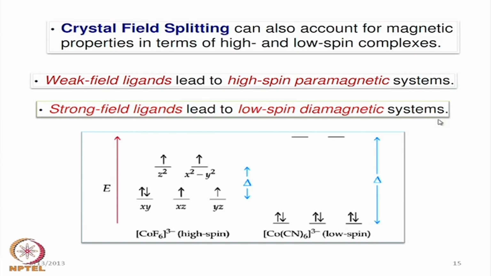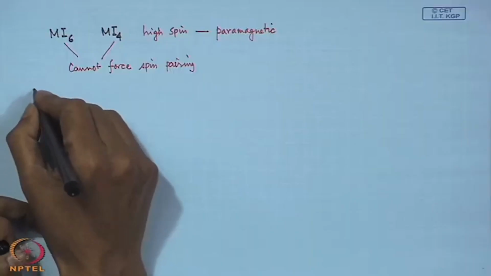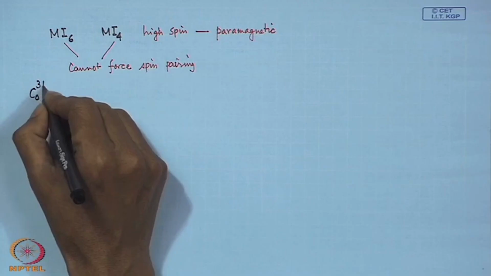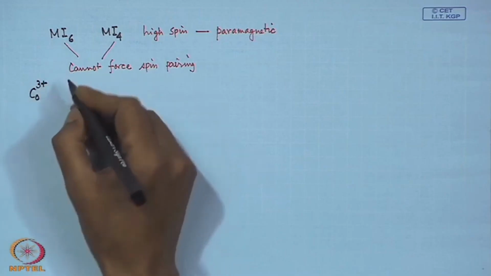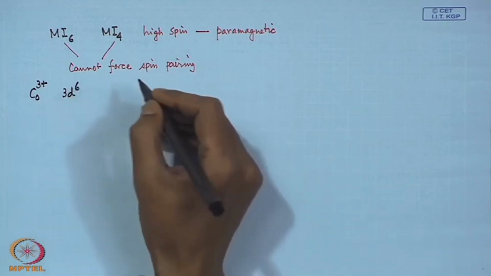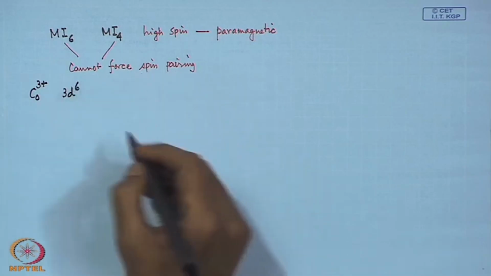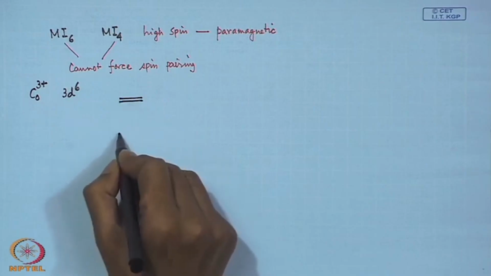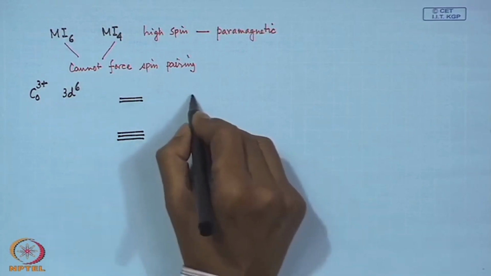So in this situation we have cobalt 3, the trivalent cobalt, which is a 3d6 situation, and we can have the levels like t2g and eg.